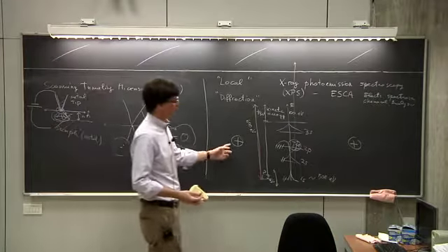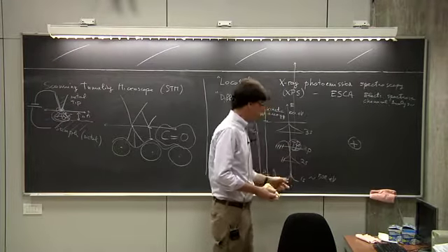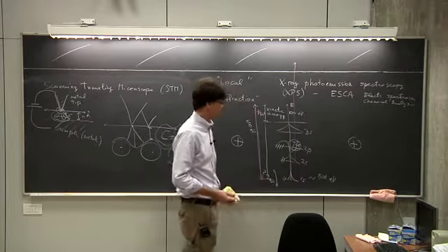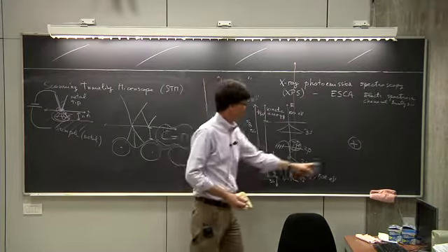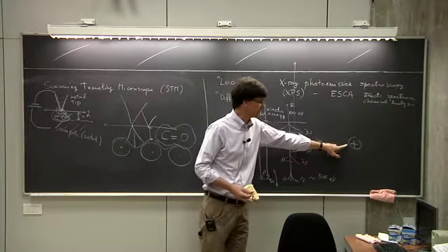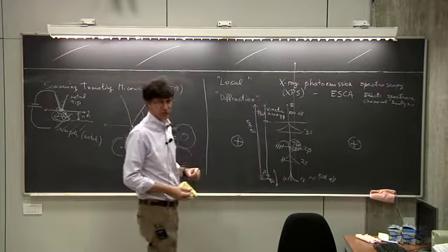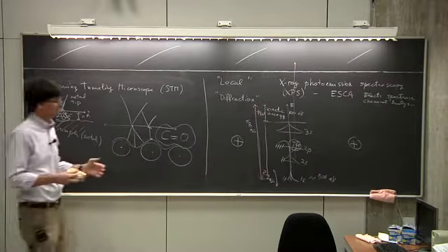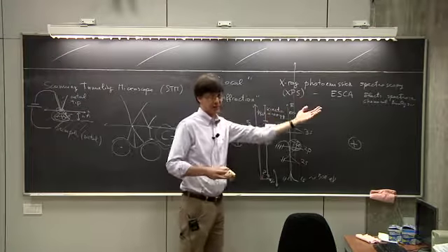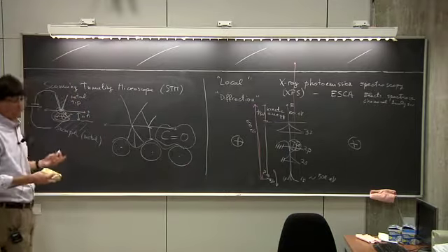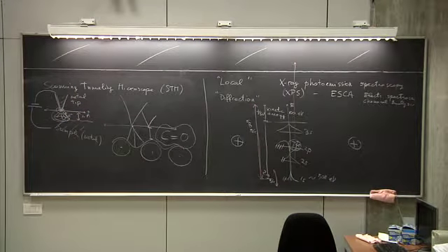You'll never be able to know whether there is an ordered array of atoms in these systems. You'll only be able to learn that there are two positive ions close by, and that part of the charge that was here is now on the oxygen. You won't be able to learn anything else about the remaining part of the crystal. So that's why these are called local probes.